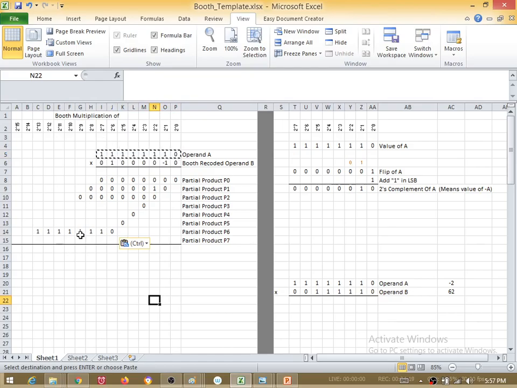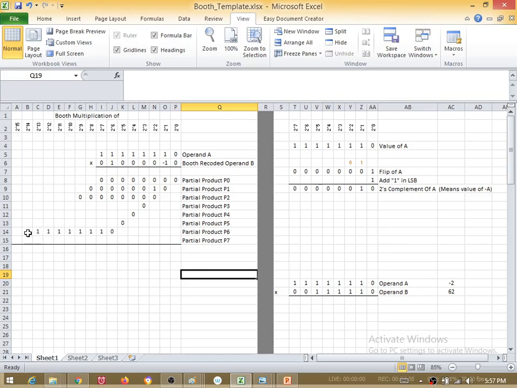Now we have to be careful here. This is the first time that we are using something called sign extension. What is the meaning of sign extension? For this number, what is the sign digit that you have? It is a 1. Now if I have to increase the size of this number, why do I have to increase it? Because I know that my final answer is always going to be 16 bits. Currently the way I have written this number, it only lands up to this particular bit, the 2 raised to 13th bit position.